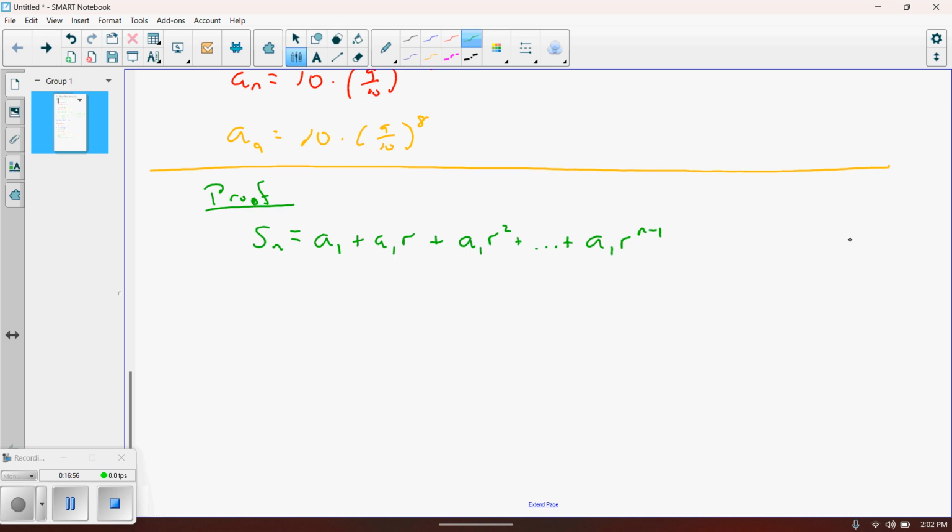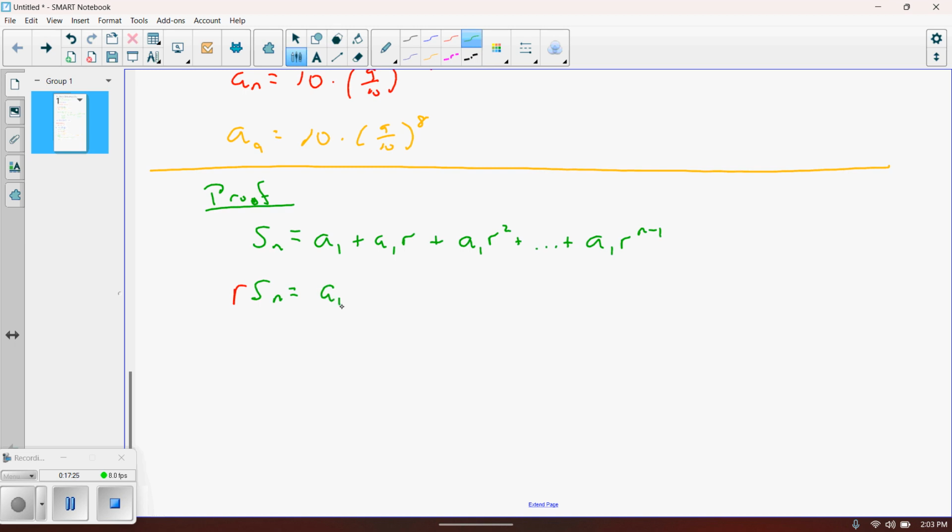All right. So that would be the sum of all of the terms up to the nth term, because that's the formula that we have. Let's multiply each side of this equation by r. So now I'm going to multiply the left side by r, and I'm going to multiply the right side by r, which is basically just going to give me an r times every one of my other terms.